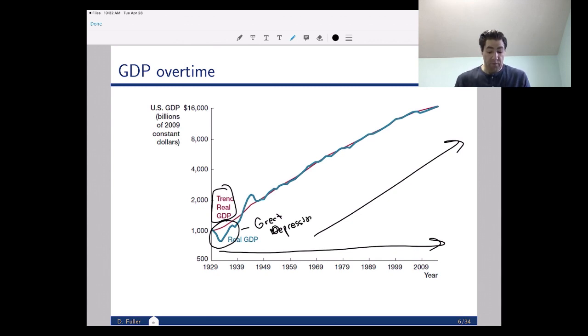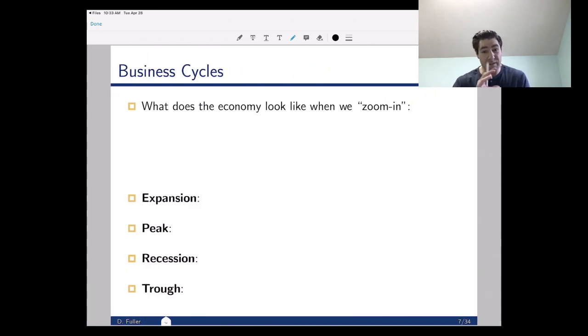Then we see a subsequent quite large recovery in the next period, in and around World War II. But outside of that one huge blip, which is what we're going to see again in the graph in the next few months, it's a fairly long-term increasing trend. If we were to zoom in on any 5-year or 10-year period, we're going to get something that looks much more wavy.